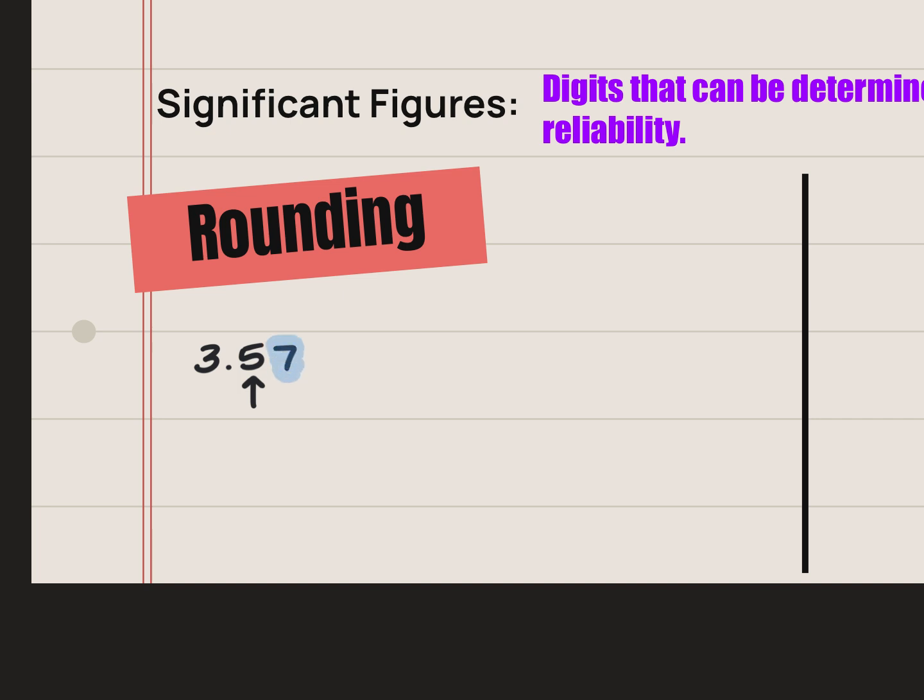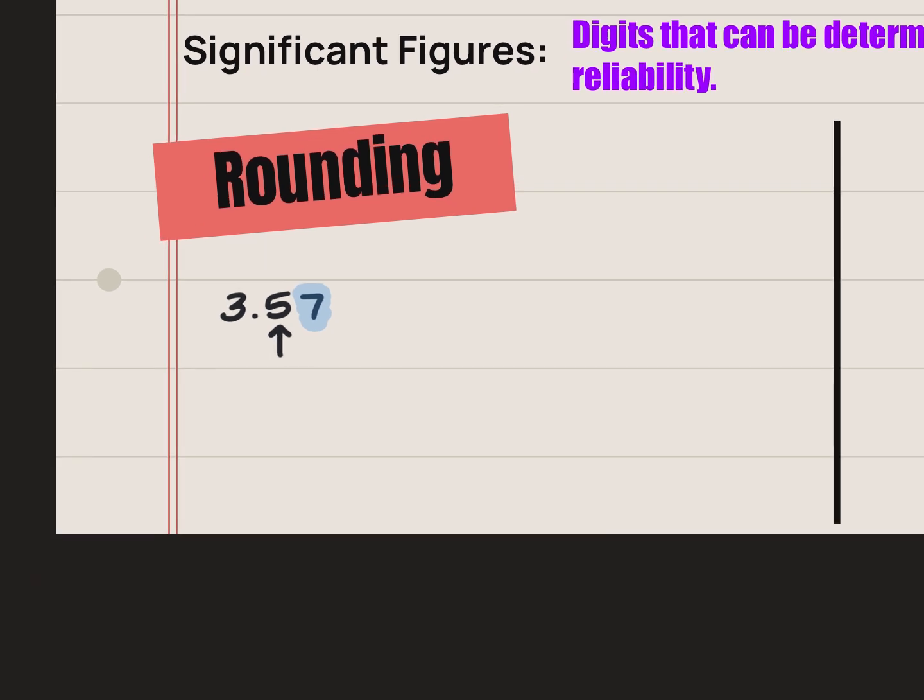Depending on the value of that number, you're either going to round the 5 up or down. If that number to the right is greater than or equal to 5, we round up. If that number is less than 5, we round down.